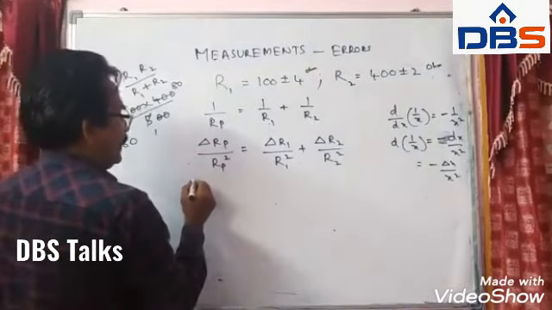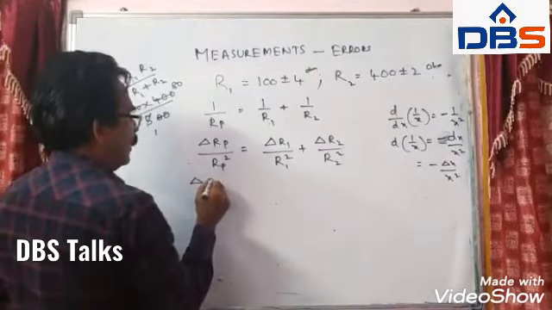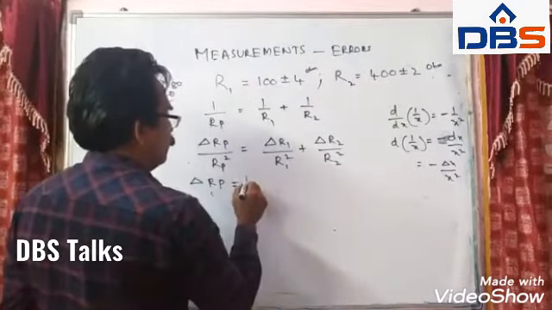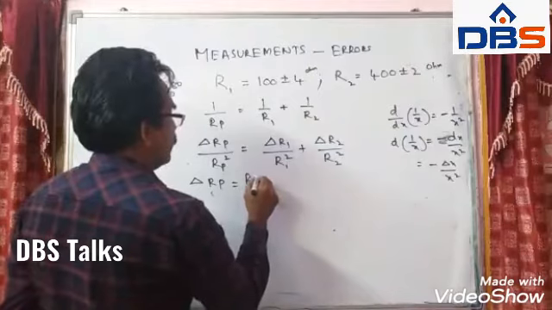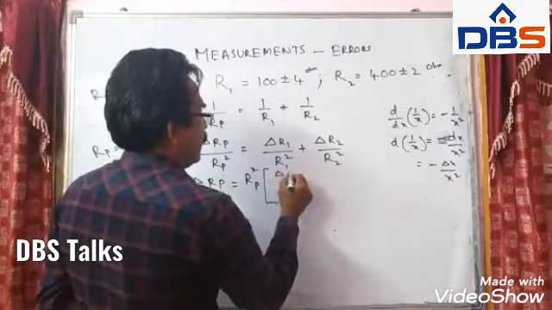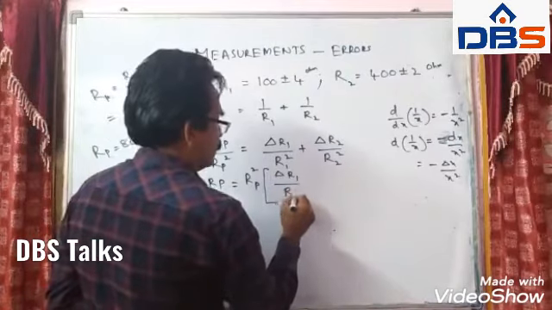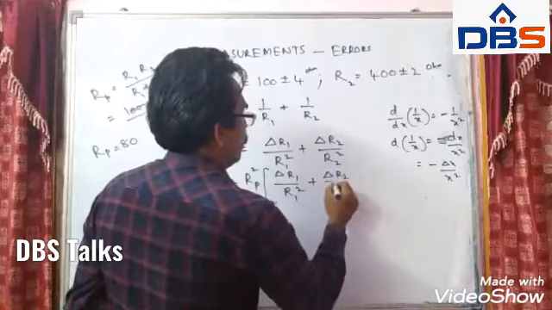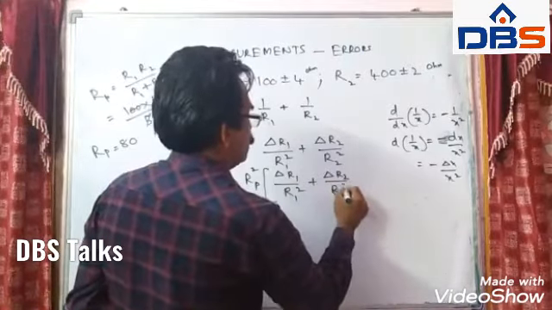Okay, delta Rp is equal to Rp square into delta R1 by R1 square plus delta R2 by R2 square.